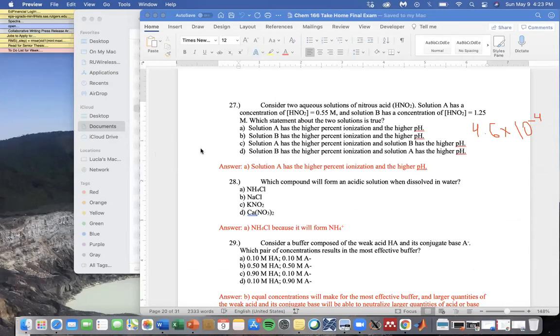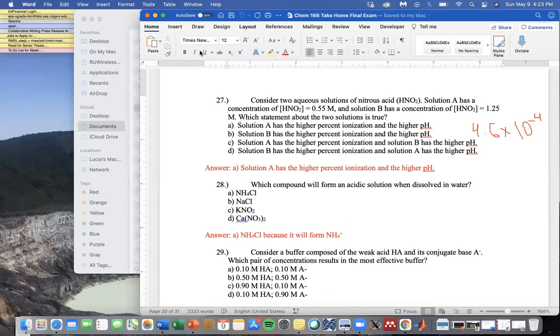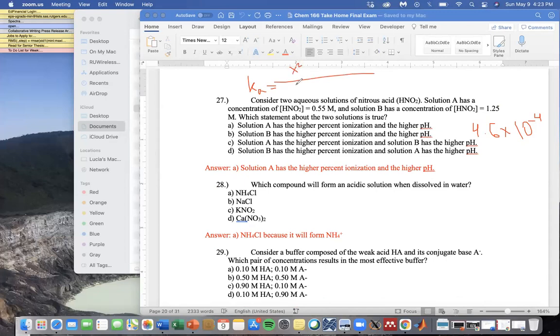So for this then, because you have a Ka expression, it would be Ka equals x squared over your concentration of HNO2.